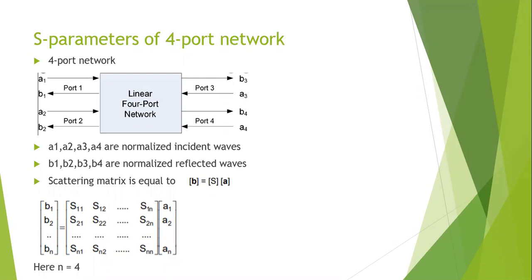Then the matrix B equals the scattering matrix multiplied by the incident matrix. So here is the general notation of the scattering matrix, where n is the order of the matrix, equal to the number of ports. If we consider a 4-port network, then n equal to 4. If we consider a 2-port network, then n equal to 2.